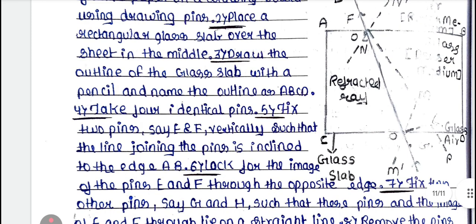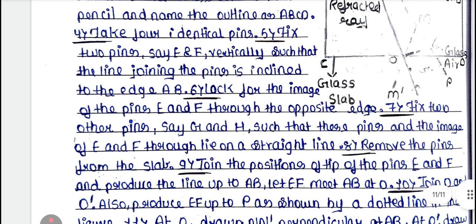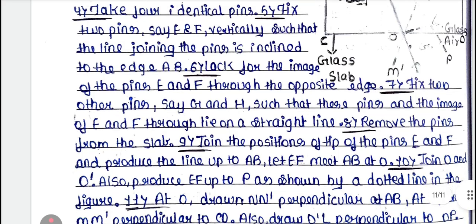Fix 2 pins, say E and F, vertically such that the line joining the pins is inclined to the edge AB. Look for the image of the pins E and F through the opposite edge. Next, fix 2 other pins, say G and H, such that these pins and the image of E and F through the slab lie on a straight line.